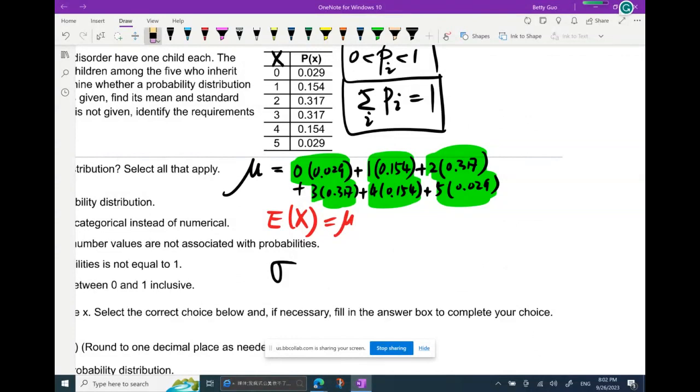Sigma here is the population standard deviation. From now on, you need to know those notations. Mu is the population mean, and sigma is the population standard deviation.